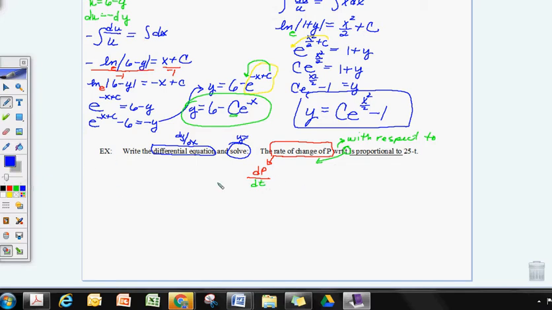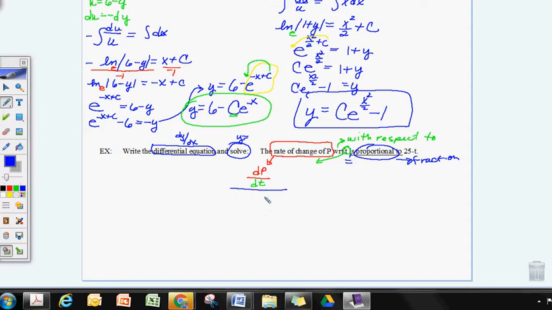Now, back to geometry class, is proportional. Proportional means it's a fraction. And the word is, you guys know, means equals. So dp dt, the change of rate with respect to t, is proportional.